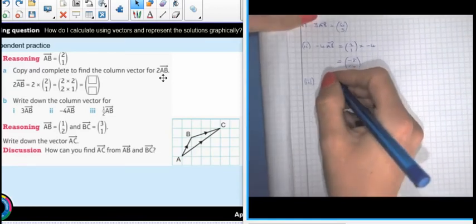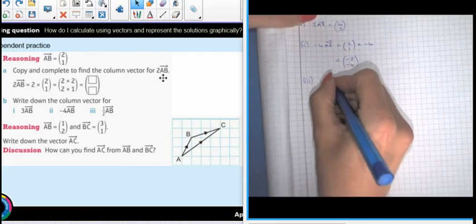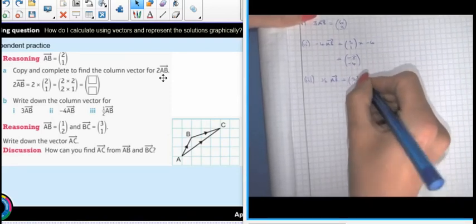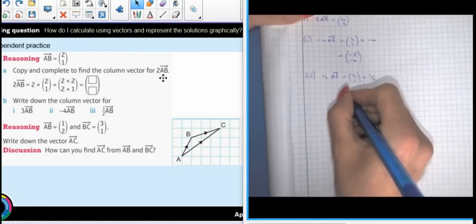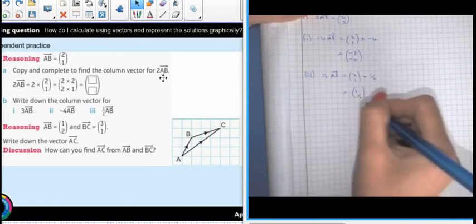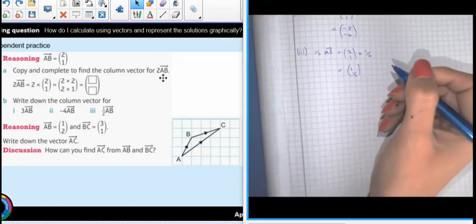Part 3, 1/2 AB. Well, I'm going to multiply AB by 1/2. Half of 2 is 1, half of 1 is 1/2, or 0.5, either of those will be correct.